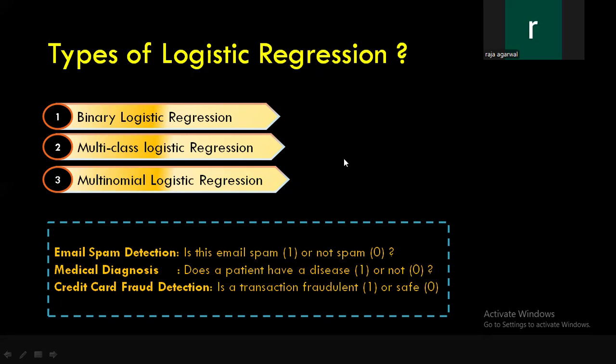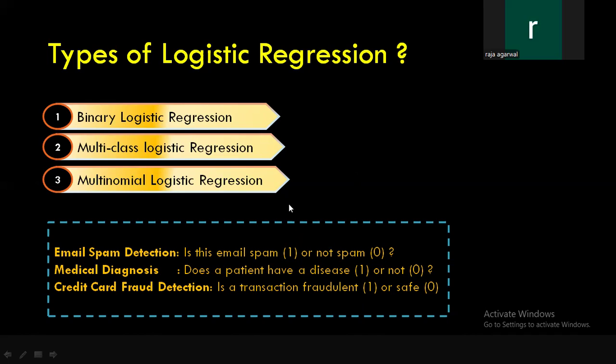Multi-class logistic regression: in this case, the target categorical variable will contain more than two classes in it. So predicting one of the possible classes out of the multiple classes, that is what multi-class logistic regression is. The next one is multinomial logistic regression. It is similar to multi-class, but it handles cases where outcomes are not mutually exclusive.